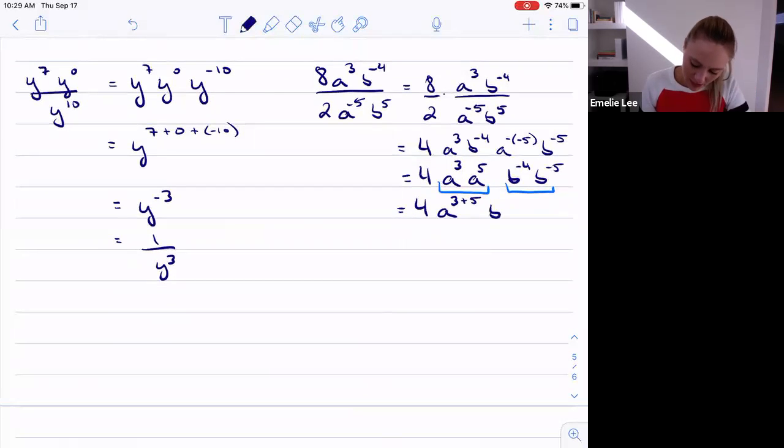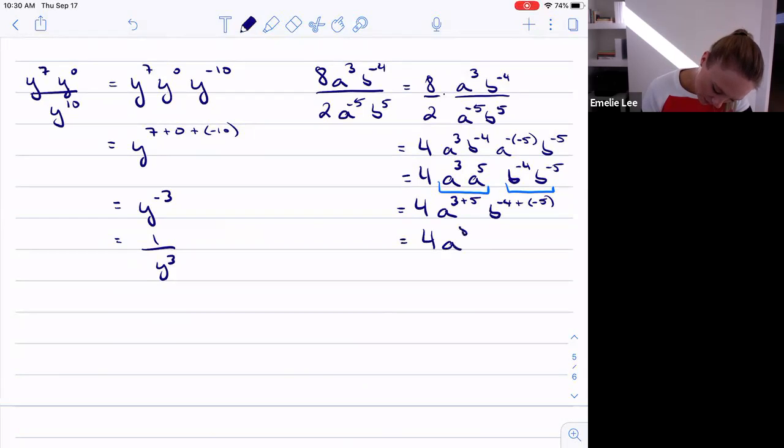And we've got b to the negative 4 plus negative 5. So what you should have is 4 times a to the power of 3 plus 5 is 8, and then times b to the negative 4 plus negative 5, putting me at negative 9.